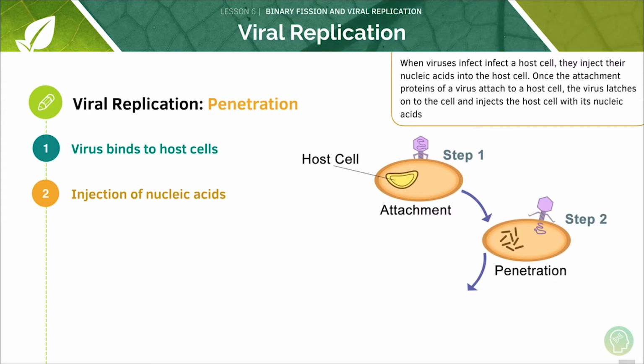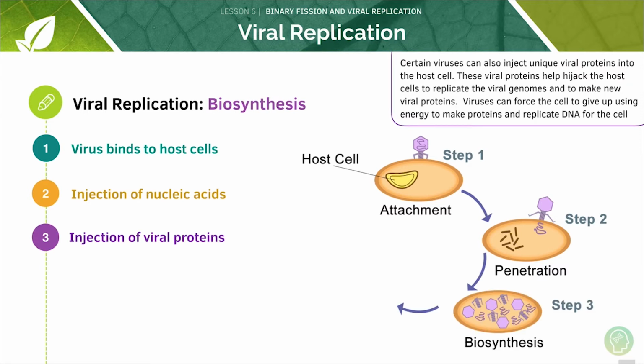Once the attachment proteins of a virus attach to the host cell, the virus latches onto the cell and injects the host cell with its nucleic acids, either DNA or RNA. These viral proteins can force the cell to stop making proteins and replicate DNA for the cell.